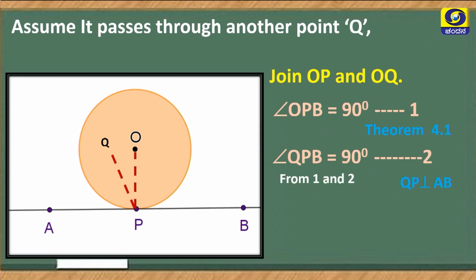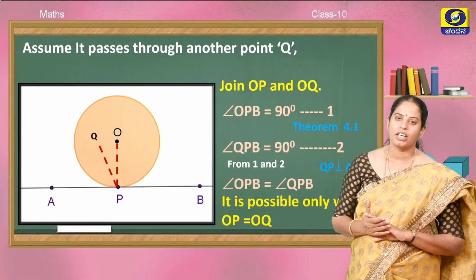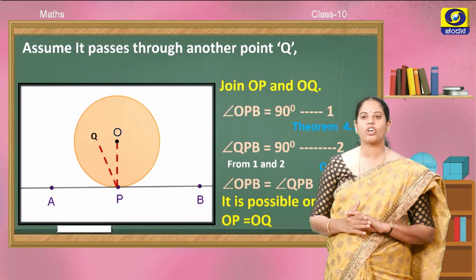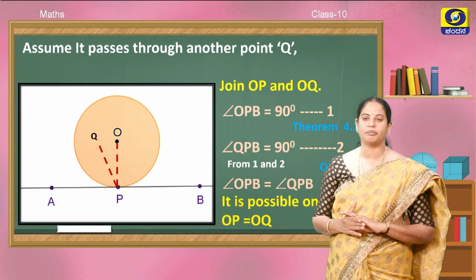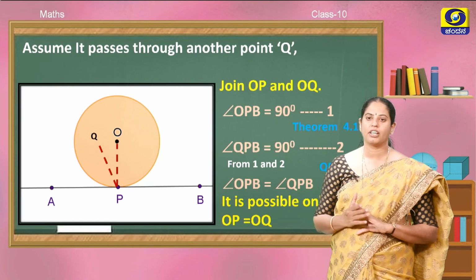From 1 and 2, angle QPB must be equal to angle OPB. Hence, Q is not another point, it is nothing but O only. It is possible only when OP and OQ are one and the same. Hence, the perpendicular drawn at the point of contact always passes through the center. Hence, we proved this logically.